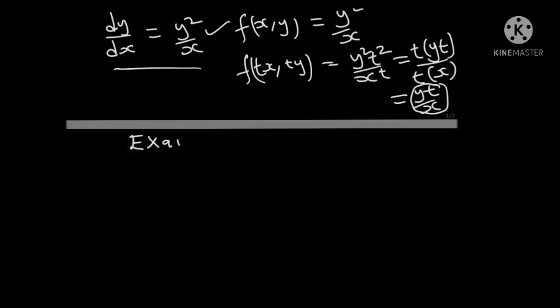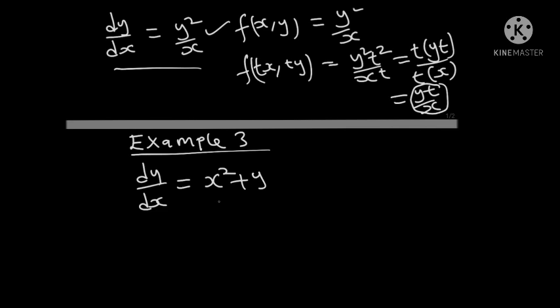Example 3. Suppose we have dy over dx equals x squared plus y over x cubed.